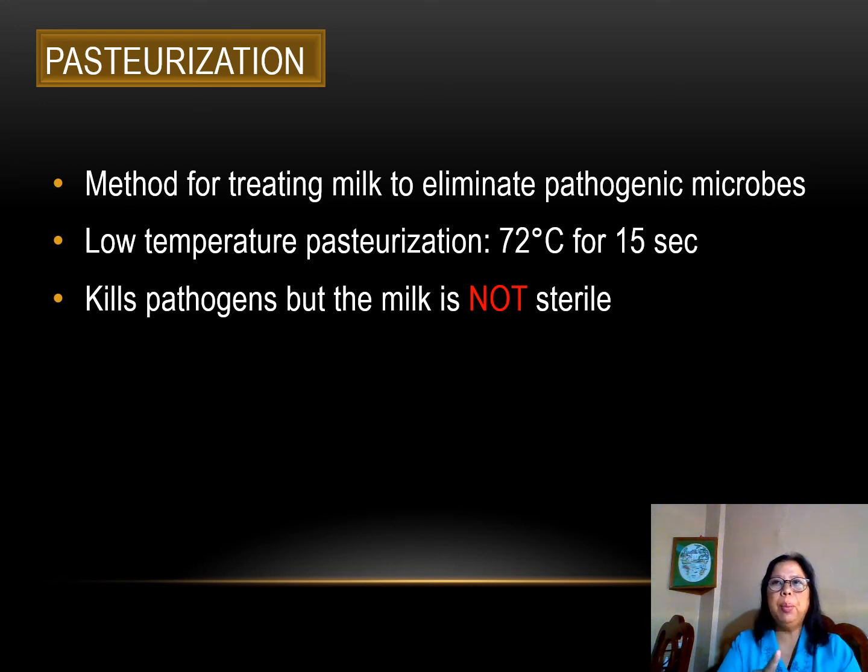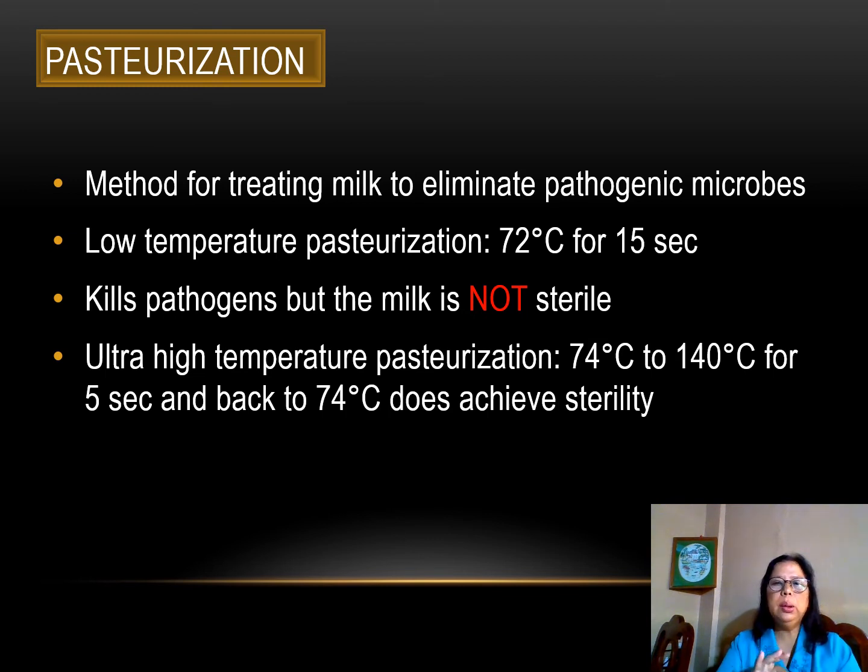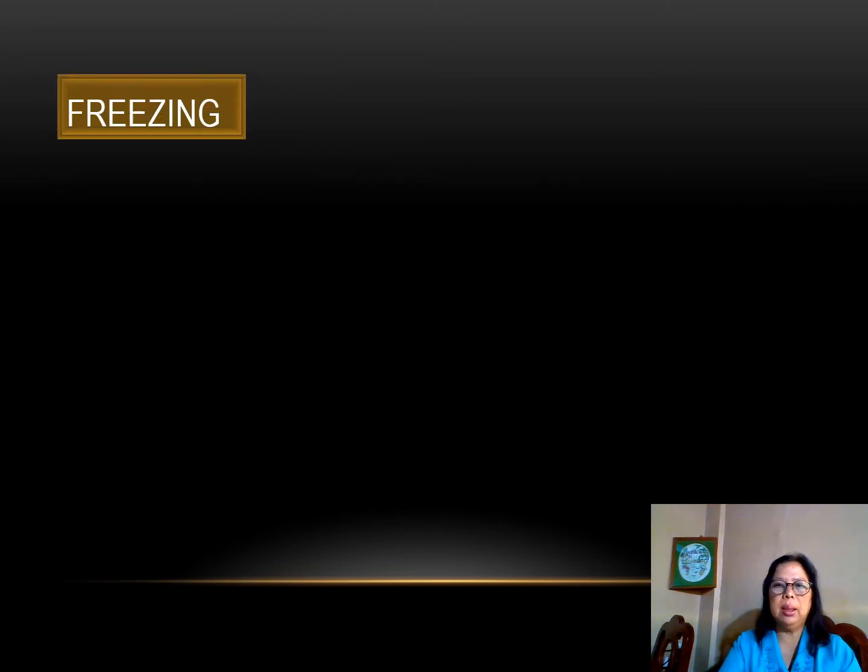Like, for example, in the probiotics, of course, the lactobacilli were allowed to be left in that food that we drink. Ultra high temperature pasteurization makes use of 74 to 140 degrees centigrade, but for 5 seconds only. As compared to low temperature pasteurization, it makes use of lower than 74 degrees centigrade, that is 72, and the time used is only 15 seconds.